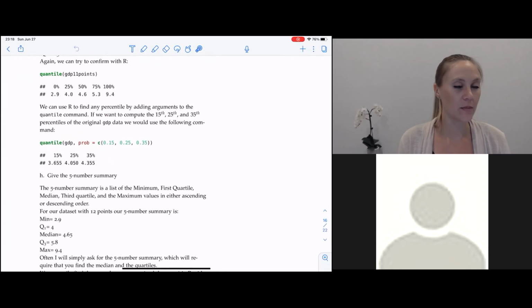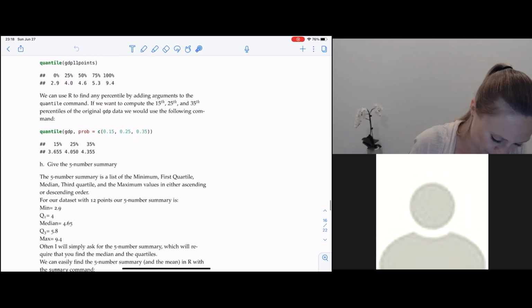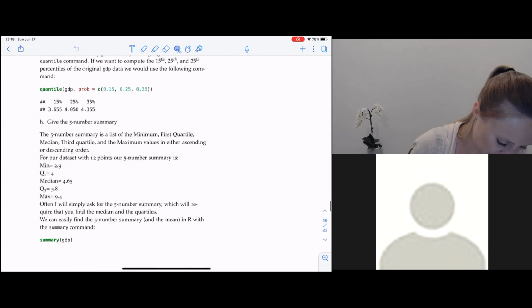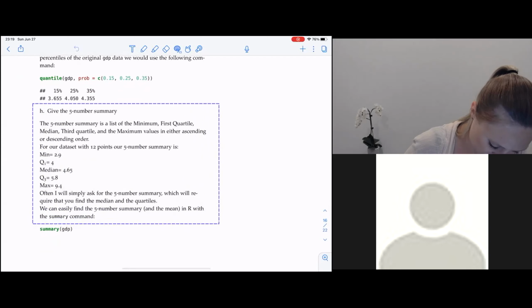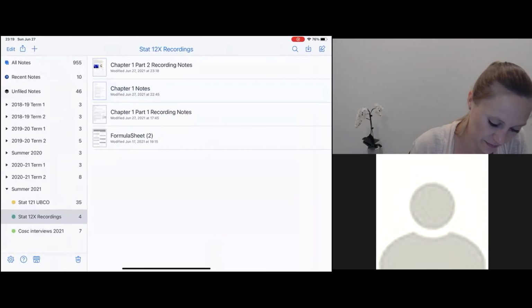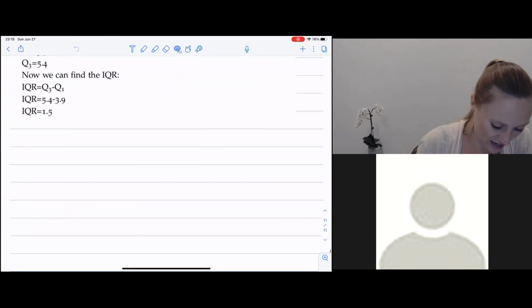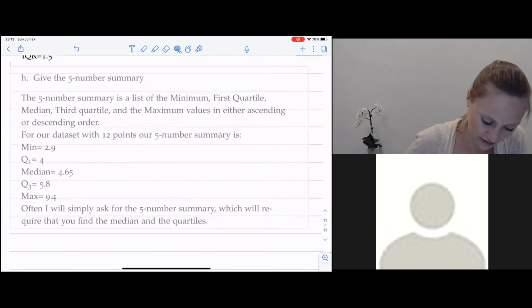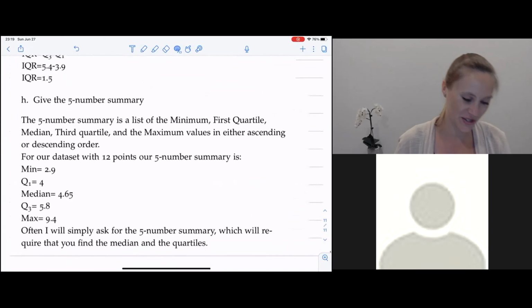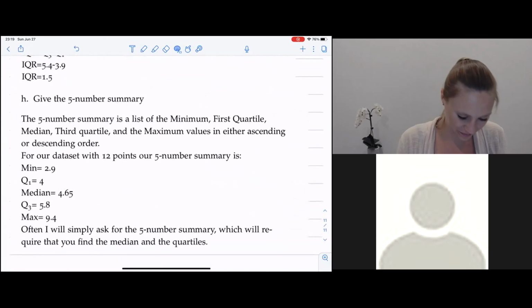So we are able to find the interquartile range for both of these data sets, the shortened one and the original one. The next thing I want to do is find the 5-number summary. Once you have found the median and the quartiles, you're on easy street.